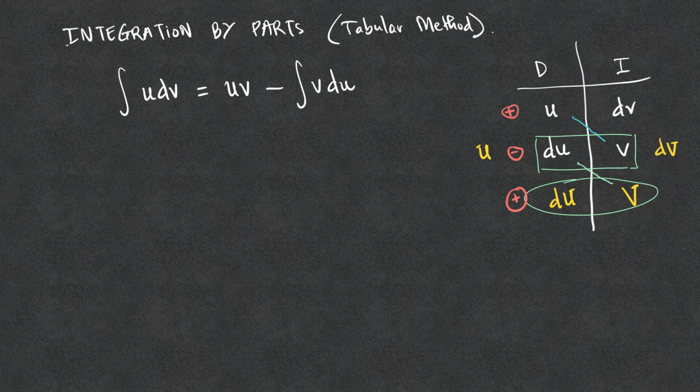And so with integration by parts, the integral of u dv equals uv minus the integral of v du.